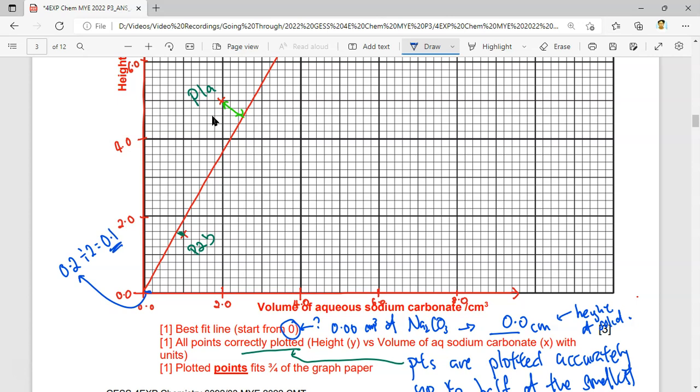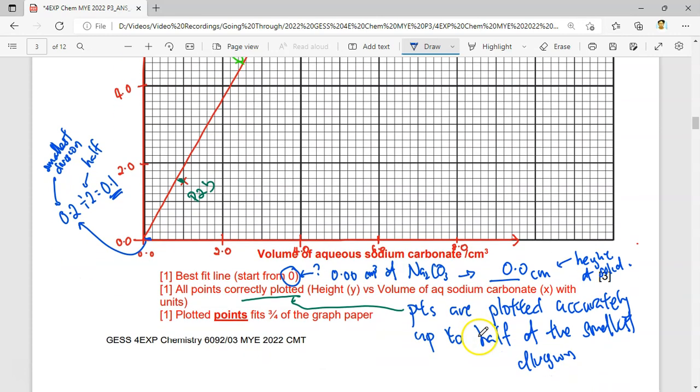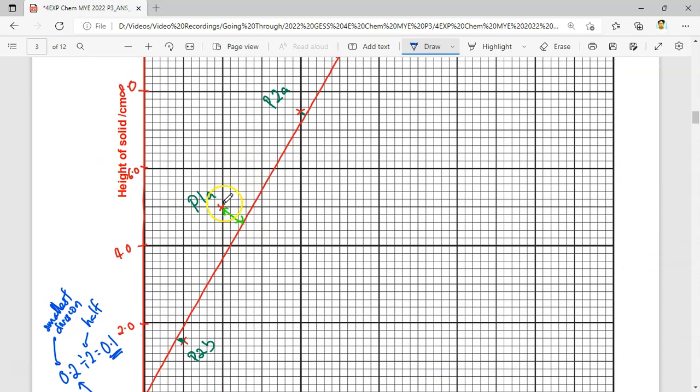Why do I divide by 2? Because I want half of the smallest division, and hence I can record up to 0.1. So all the points are plotted accurately up to half of the smallest division.